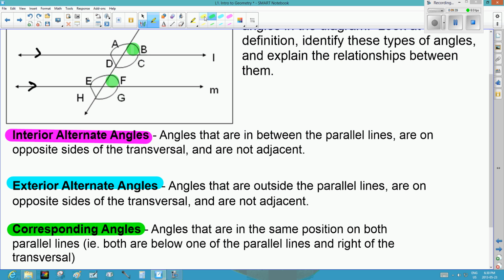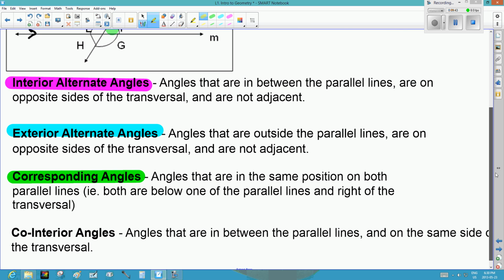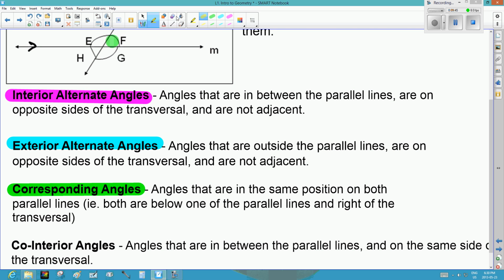Our last definition is co-interior angles. These are angles that are in between the parallel lines and on the same side of the transversal.